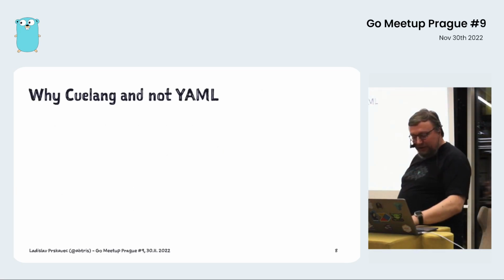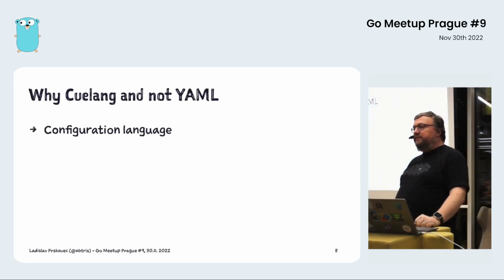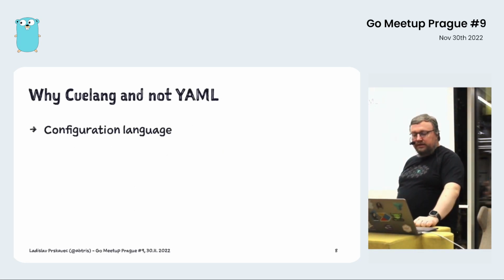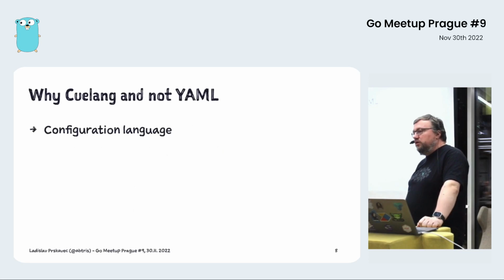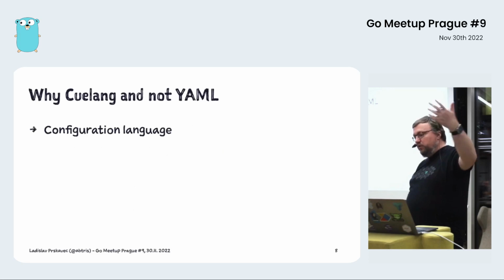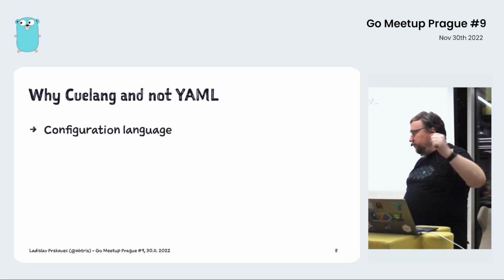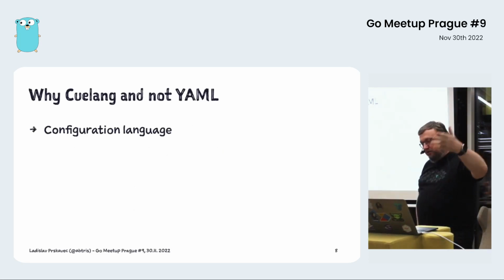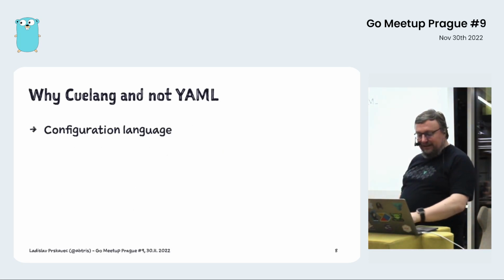Why CUE and not YAML? CUE is a configuration language. In many constraints it's very similar to Go. It's derived from BCL, which was a language at Google for configuration of Borg. Borg is the father of Kubernetes, Borgmon is the father of Prometheus, and BCL is the father of CUE.